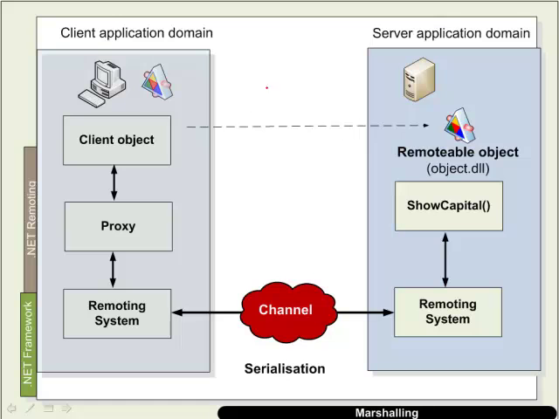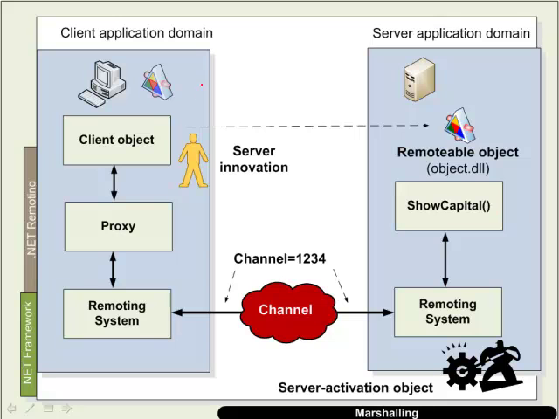So in this case, our client can then access our remotable object. So we'd call it some given name, and then we can access the object and any methods inside it if they are exposed publicly. So we need some sort of activation, and then we need some channel.